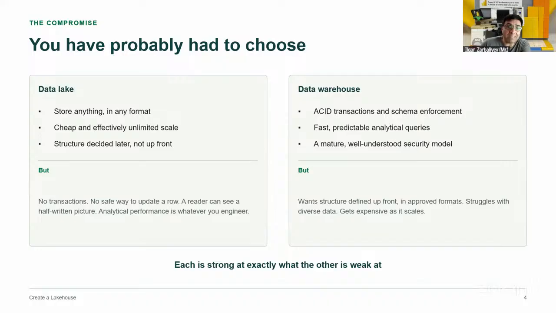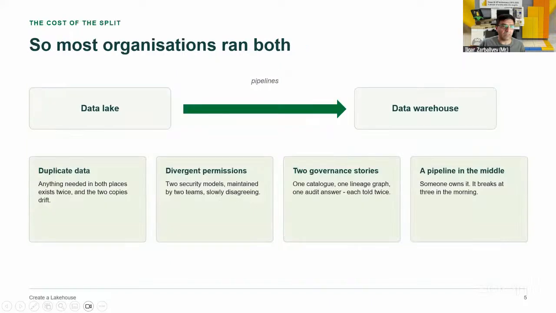Look at the two lines. Each system is weak precisely where the other is strong, which is why so many organizations ended up running both.